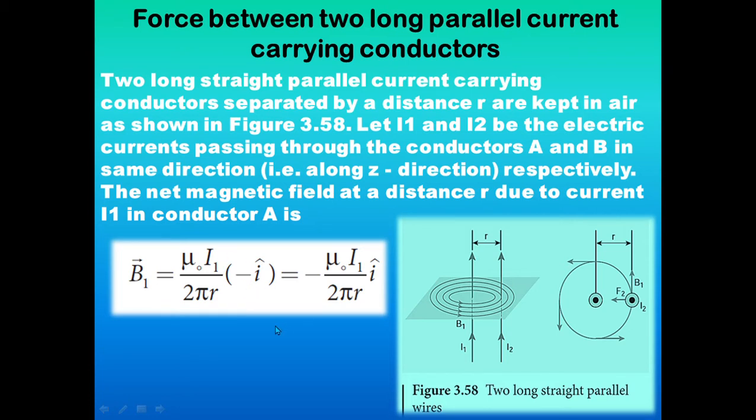This minus i cap is the vector notation indicating the direction of the magnetic field, because, according to the Lorentz force concept, the current and magnetic field are always perpendicular to each other. That is why we put this minus sign: minus mu naught I1 divided by 2 pi r into i cap.